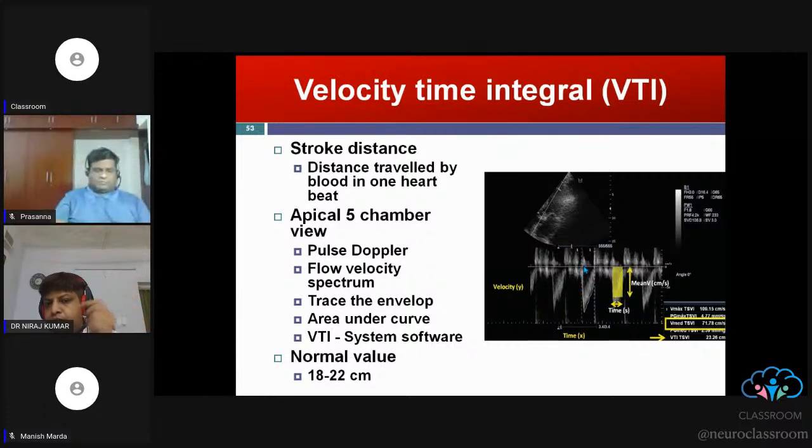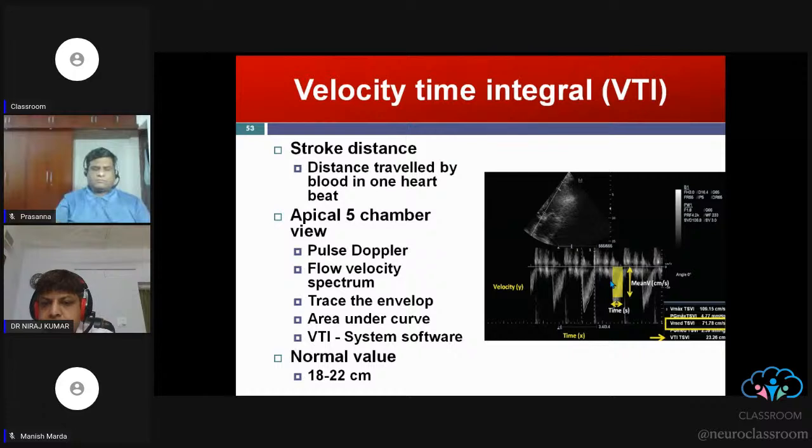This is velocity into time. This vertical axis represents velocity, and this transverse axis represents time. So naturally, this is the velocity time integral. That's why it is called VTI.